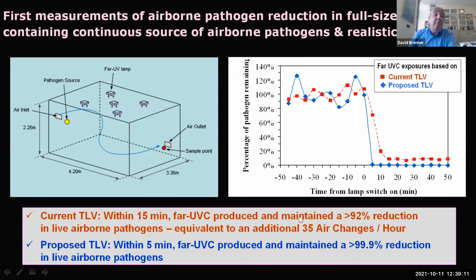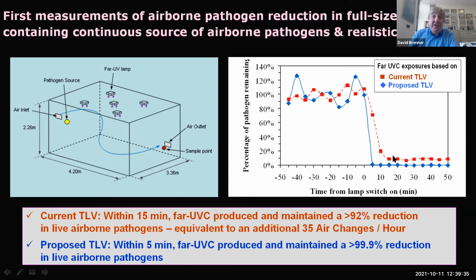If you do the calculation, that corresponds to 35 air changes per hour if you were just using ventilation, which is huge. You can never, in a realistic room, get 35 air changes per hour. That's more than you get in an airplane.